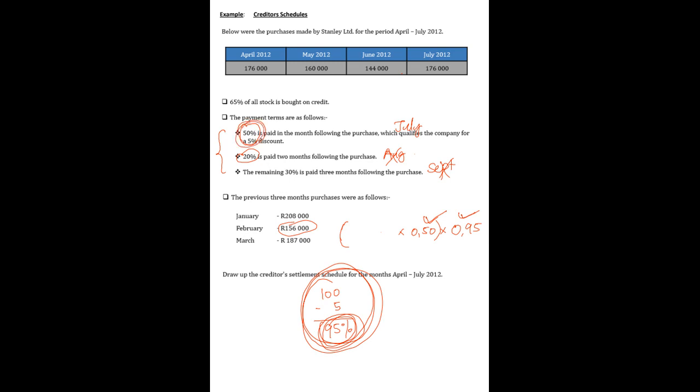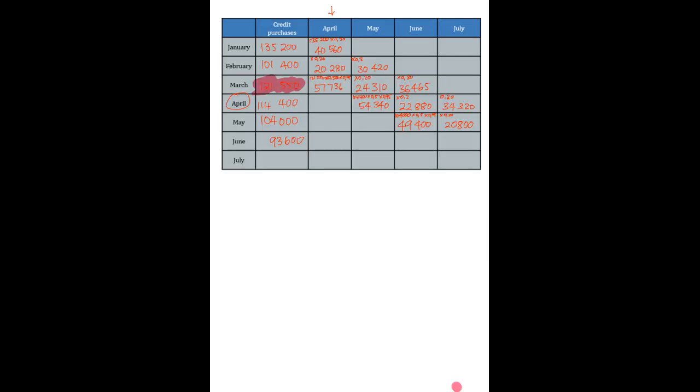So you're going to multiply by 50% first and then by 95%, and that would tell you. So in July, it is 93,600 times 50% times 95, and that is 44,460.